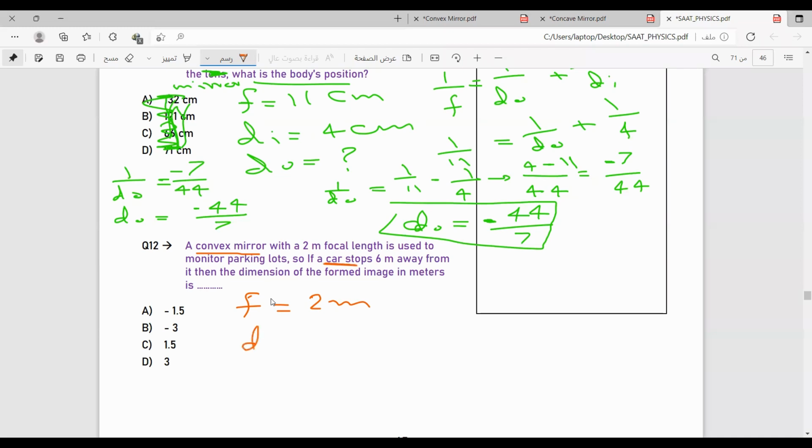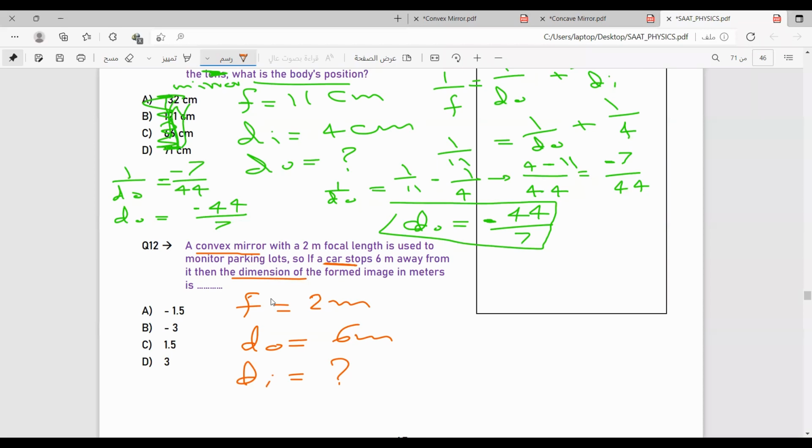So we have DO equals 6 meters. And what he wants here exactly is di, the image distance.